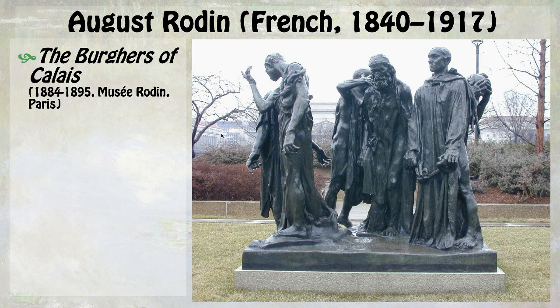And when the city was besieged, and basically there was no hope for it to escape the attack by the English forces, the English commander said he would spare the lives of the people of the city if the city leaders basically gave themselves up as prisoners of war.